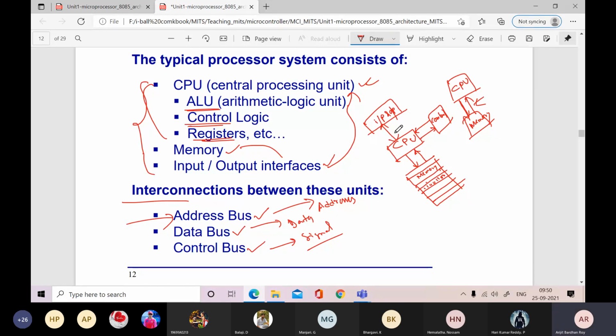Yesterday I already gave one example in the class. I told that if any student wants to meet me personally, from your class or any class, what will he or she do? First of all, he or she should know where I am staying now. That means he or she should first know my address.